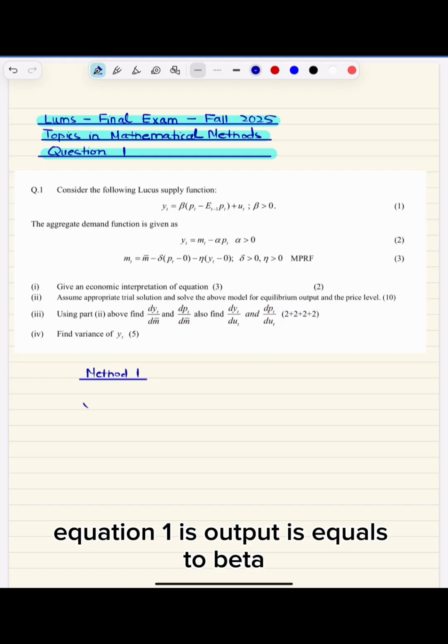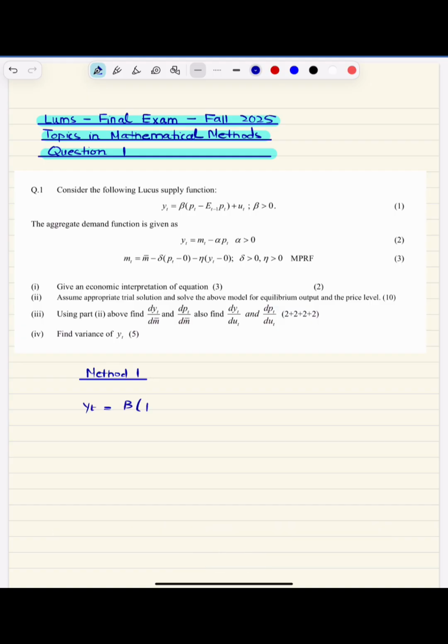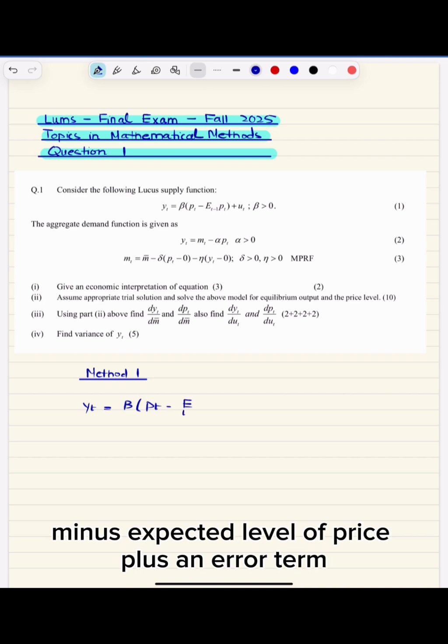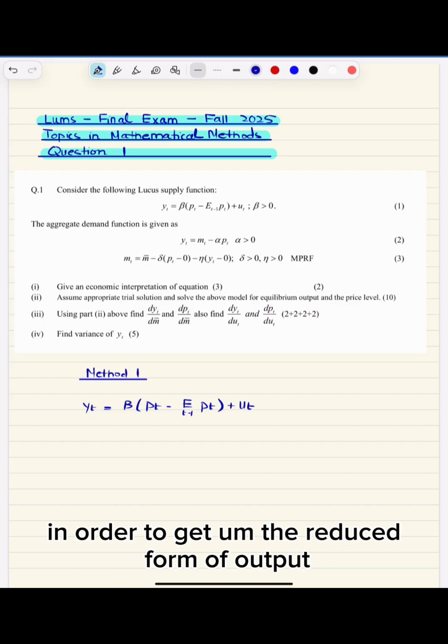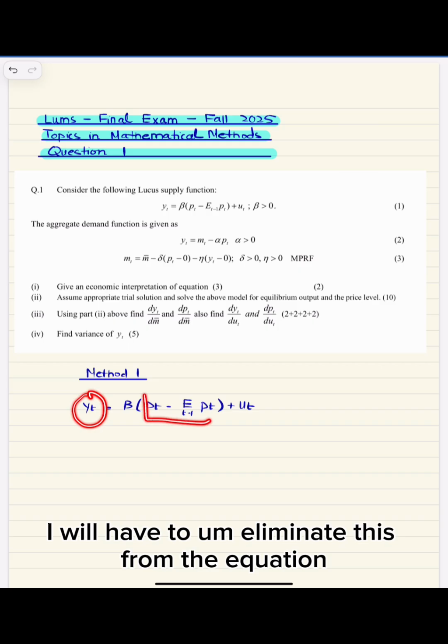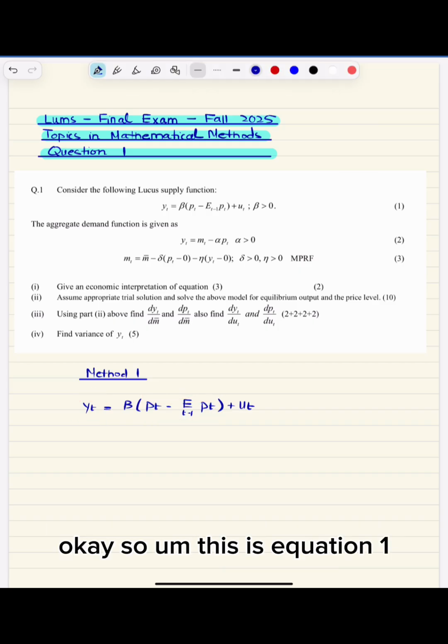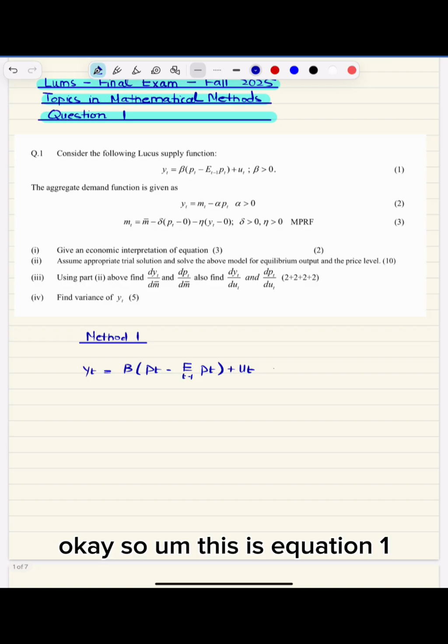Equation 1 is output is equal to beta, price at time t minus expected level of price, plus an error term. In order to get the reduced form of output, I will have to eliminate this from the equation. Okay, so this is equation 1.